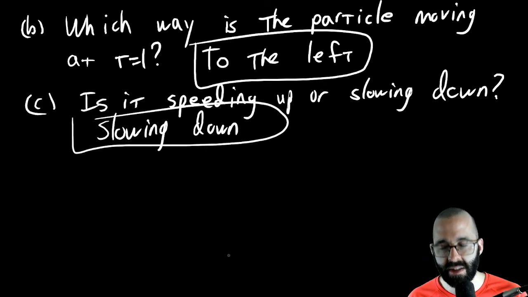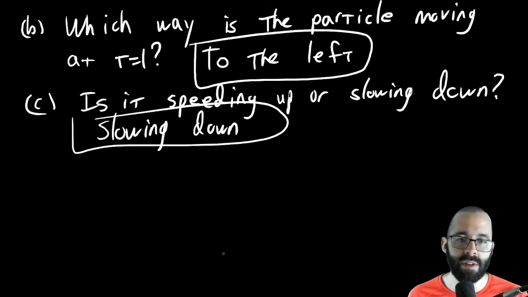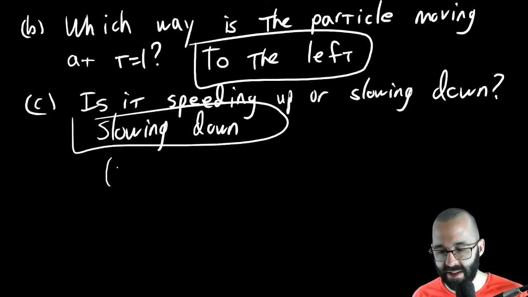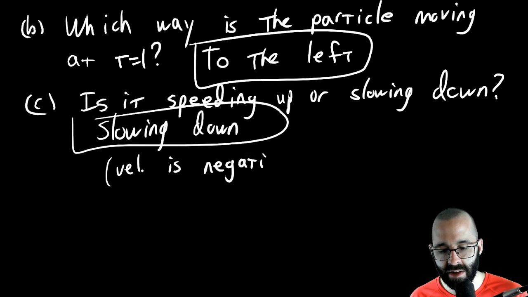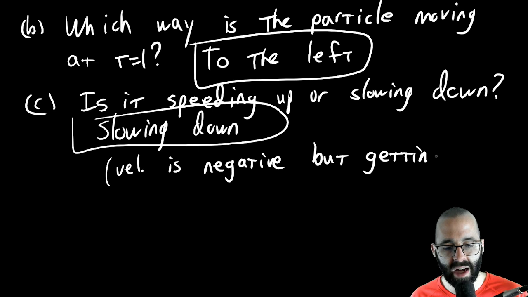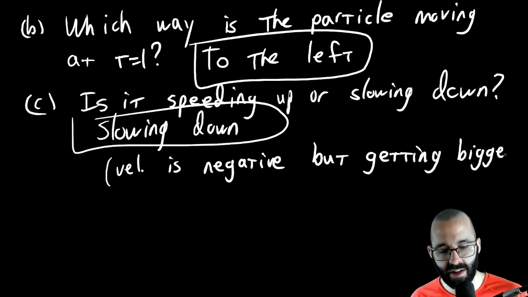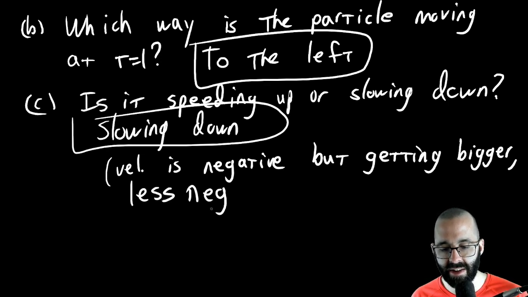And the reason is because the velocity is negative, but the velocity is increasing. So velocity is negative, but getting more positive. That means it's getting less negative.